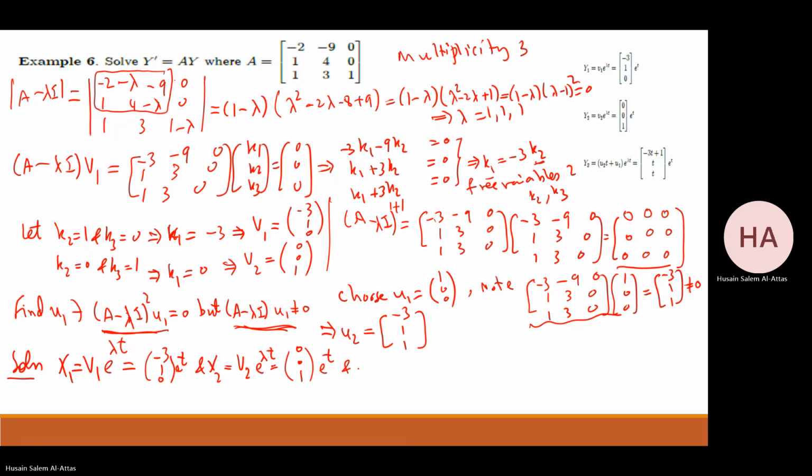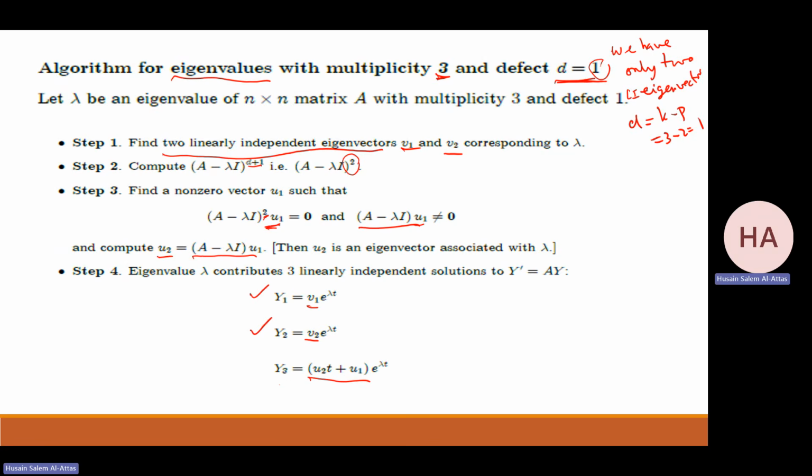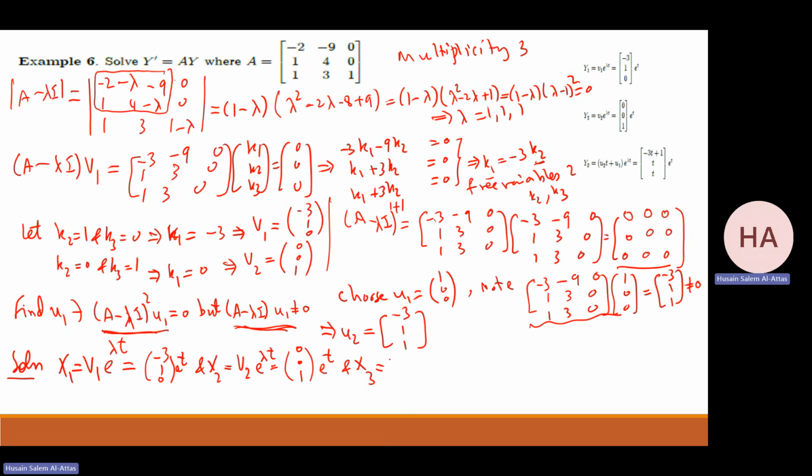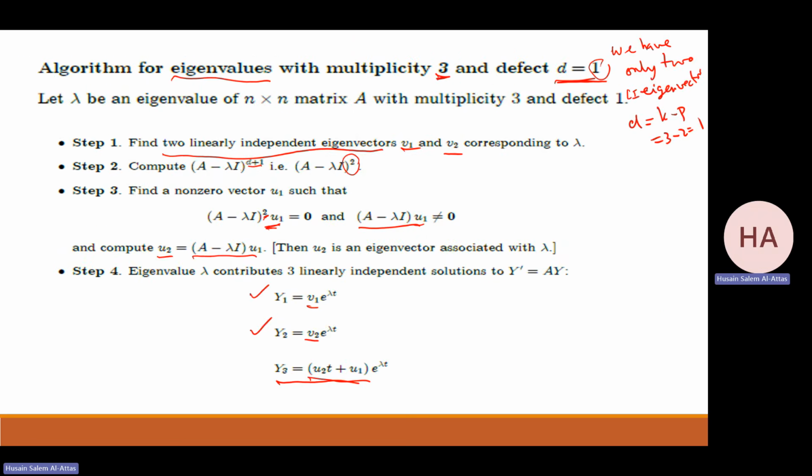Third solution. Here you need to be careful. That will be my third solution: U2 t plus U1 e to the lambda t. Let me write the formula: U2 t plus U1 e to the lambda t. And what is U1? U1 is 1, 0, 0.